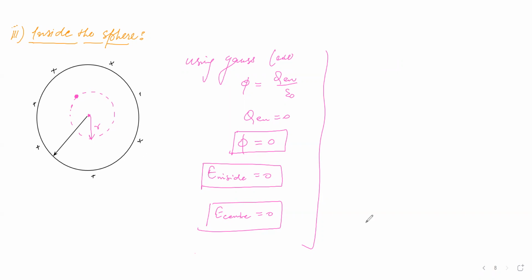Good. Now, all of you, please concentrate on the screen for better understanding of the graph. We have now 3 equations. Electric field at outside, we have calculated. What is the electric field at outside? It is sigma R square over epsilon naught small r square.